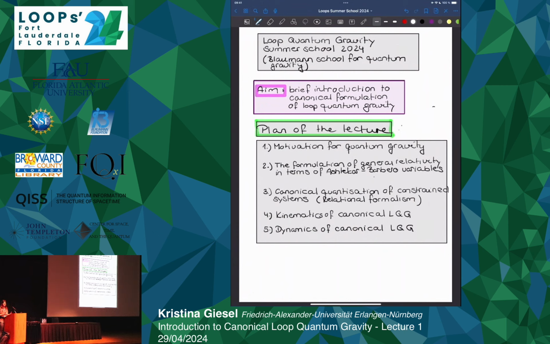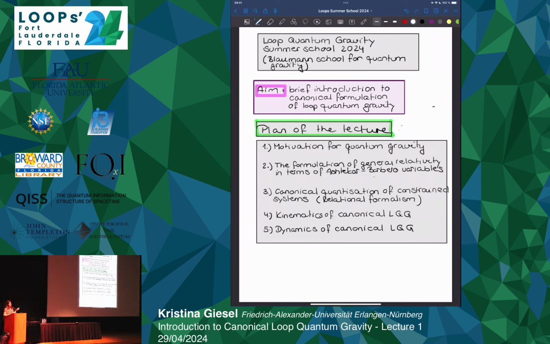Once we have decided what classical starting point we take, we will apply a standard canonical quantization to general relativity. Since general relativity includes constraints, which we will discuss in detail in the lecture, it's a bit more complicated than the quantization you are familiar with from your quantum mechanics lecture. Therefore, we will also discuss the so-called relational formalism, which allows us to quantize systems with constraints in a certain way.